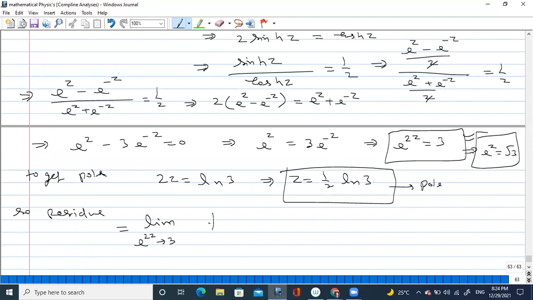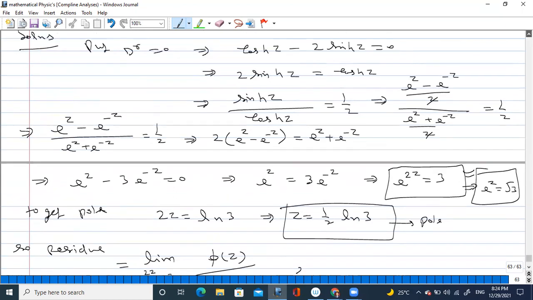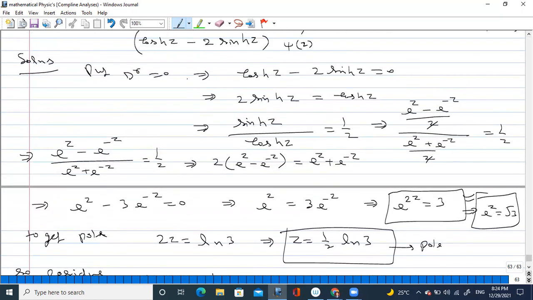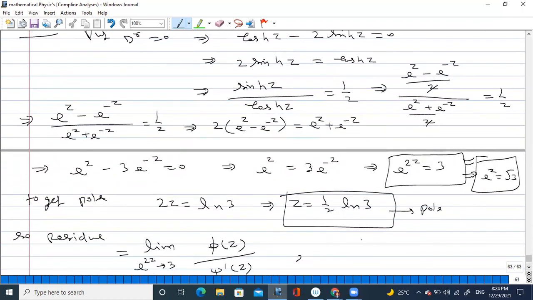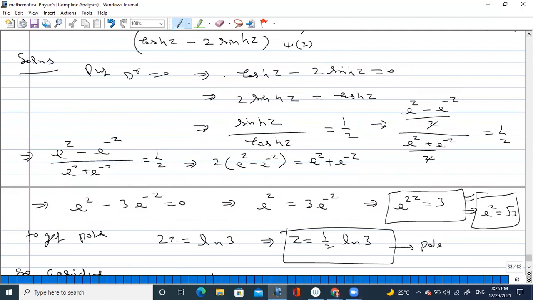Phi z divided by psi dash z. So first I will find psi dash z. What is my psi z? Psi z is cos hyperbolic z minus 2 sin hyperbolic z.